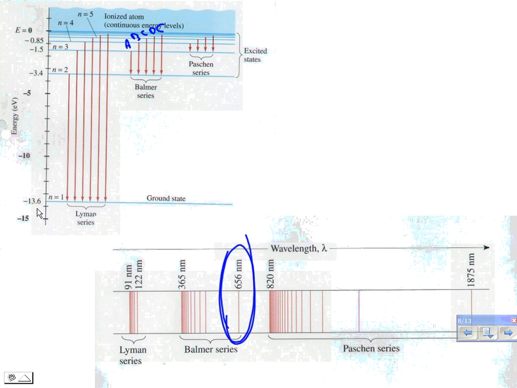Smaller jump. Which means it's a smaller jump. And notice also that as we move up to these lines here, the difference gets less and less and less, right? It's another way of looking at it.